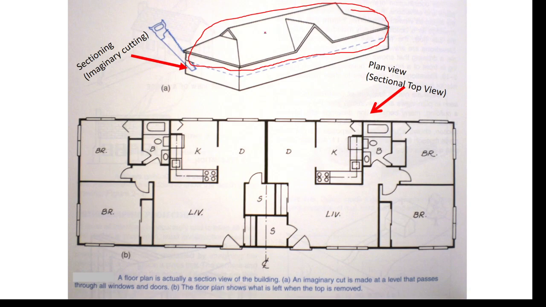Observe the remaining part in this direction and obtain this top view. In the jargon of civil engineers and architects, the sectional top view is called a plan view.